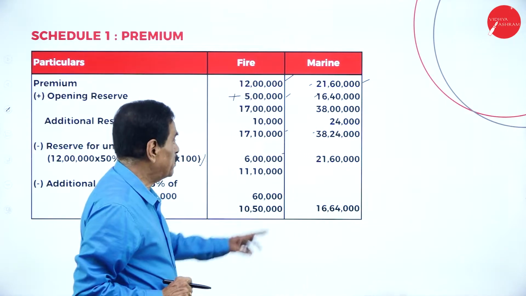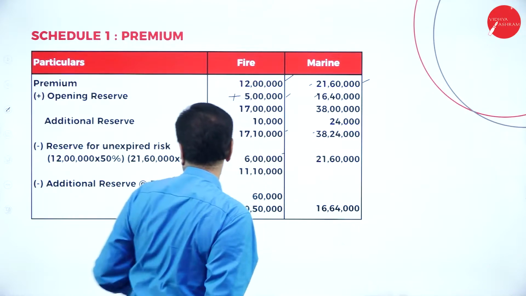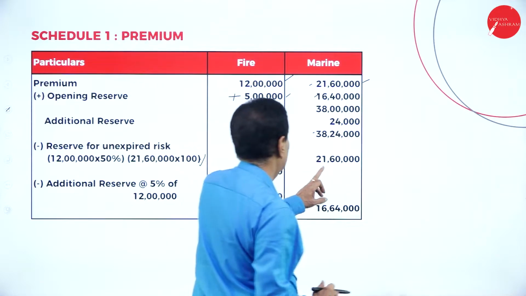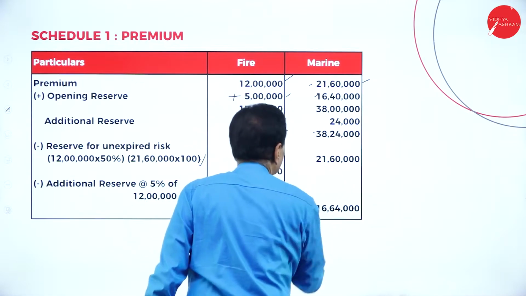38 lakh plus 24,000, 38 lakh 24,000, minus reserve for unexpired risk, which is 21 lakh 60,000.